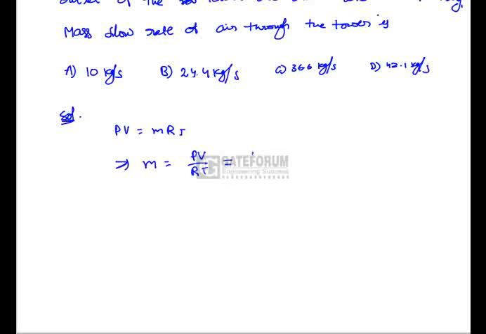So here 101 into 10 cube, volume flow rate is 20, R is 287, and the temperature is 288 Kelvin. It gives a value of 24.4 kg per second, and the correct option is B. B is the right answer.